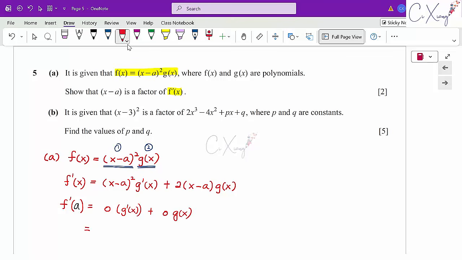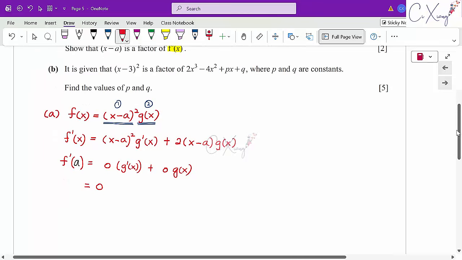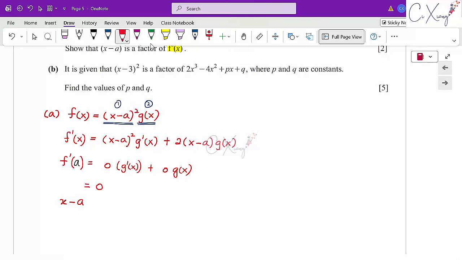So everything will be 0. So from here, according to the factor theorem, when you substitute any value inside the equation and it equals 0, then basically it means that x minus a is a factor of f prime x.